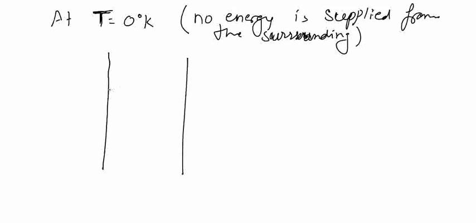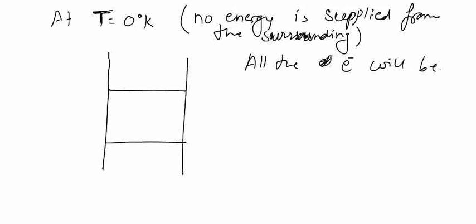In this case, in a semiconductor, all the electrons will be in bonds, that is bonded, and these bonded electrons will be present in the valence band.